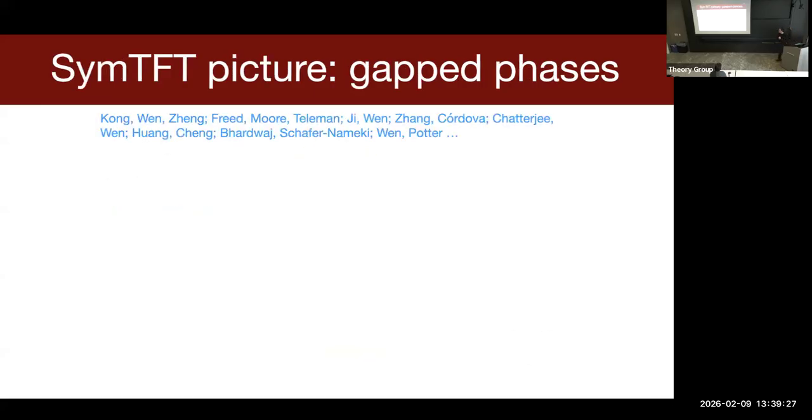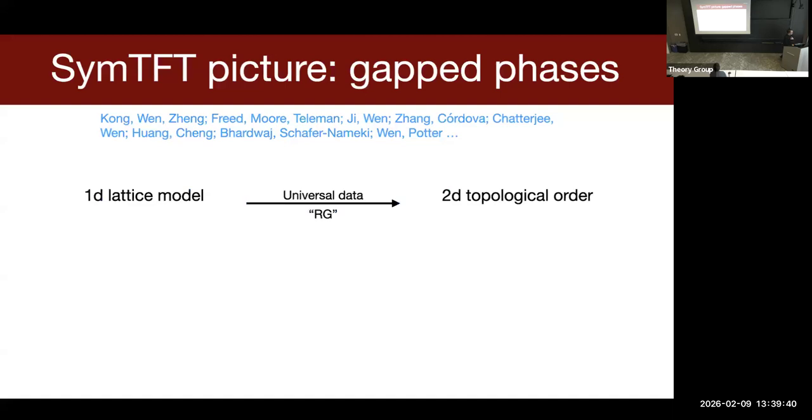Okay, so let me review a little bit of this picture that makes this bulk boundary correspondence on the previous slide manifest. Yeah, this can be a very mathematically dense topic, but personally, a picture is worth 1,000 words. So I think it's enlightening to just recast this in very basic, very elementary language.